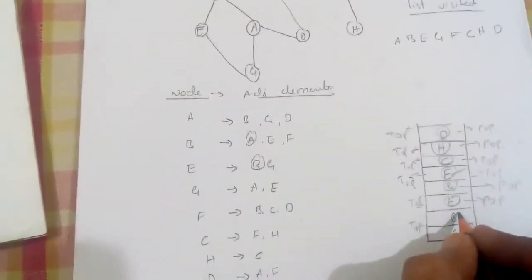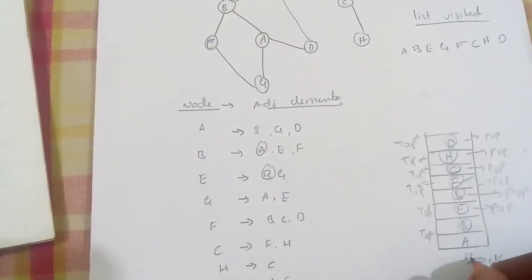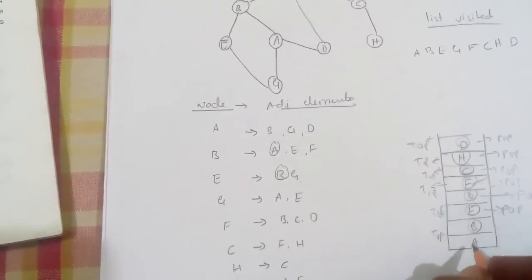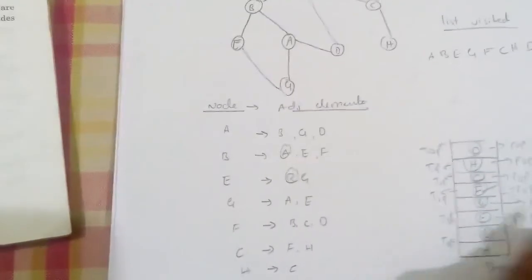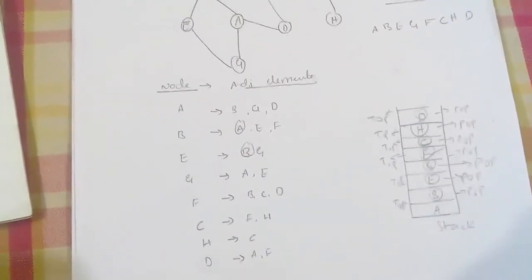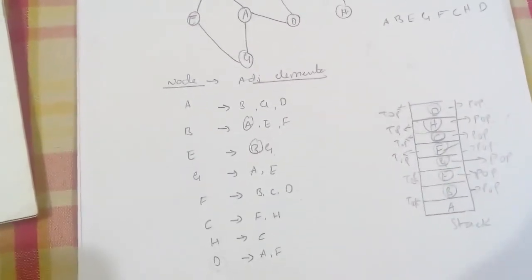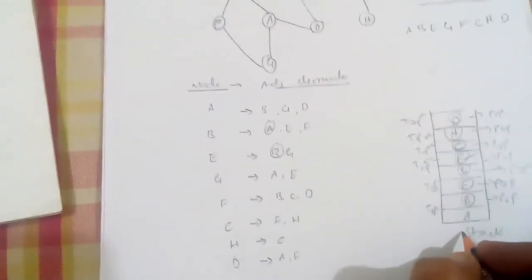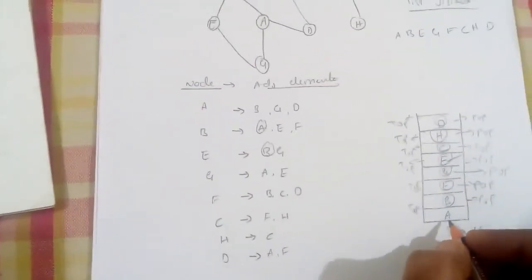Next, the top element is B. All adjacent nodes A, E, F are visited. So B is popped from the stack. Next A is on the top of the stack. A has all adjacent nodes visited.